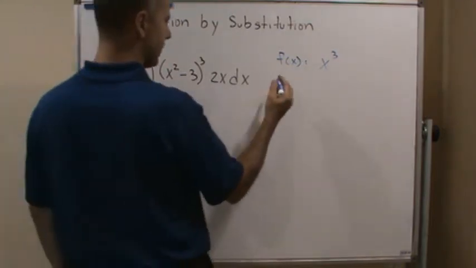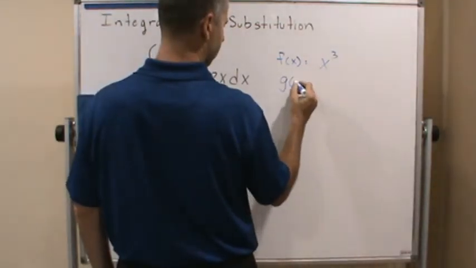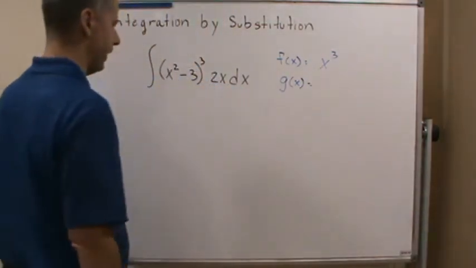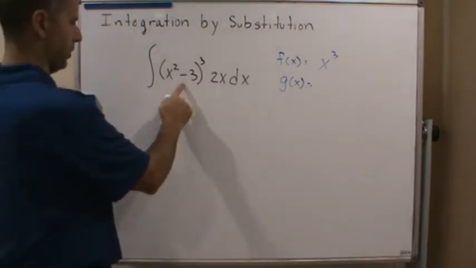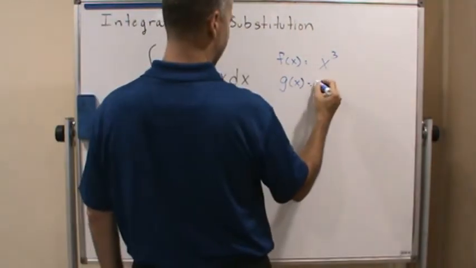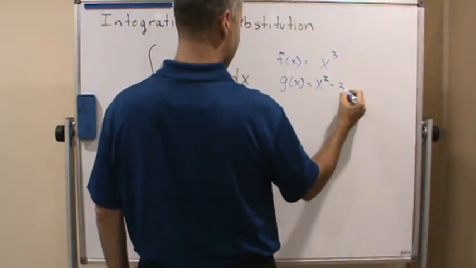And then the inside function g of x, which is right here, is going to be x squared minus 3.